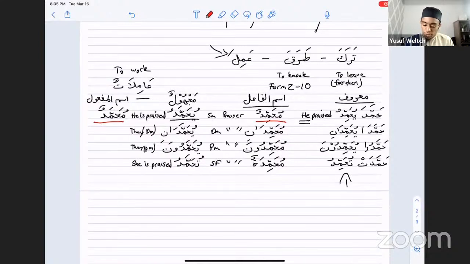The ism al-maf'ul has a fatha, and the ism al-fa'il has a kasra. So there's a big difference. And this is another reason why reciting the Qur'an properly is very important, because they mean worlds apart. One is a person who's praising, the praiser. The other one is the one being praised. So Muhammadun is the one who is often praised.